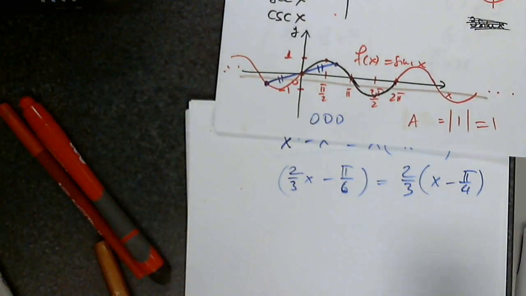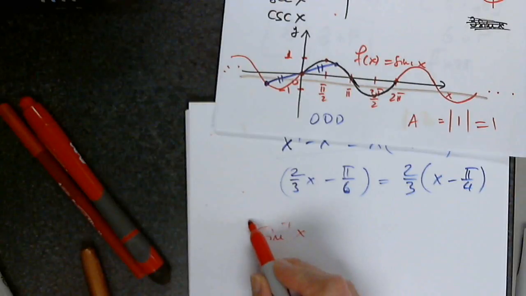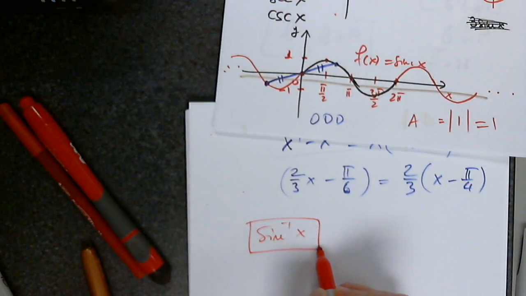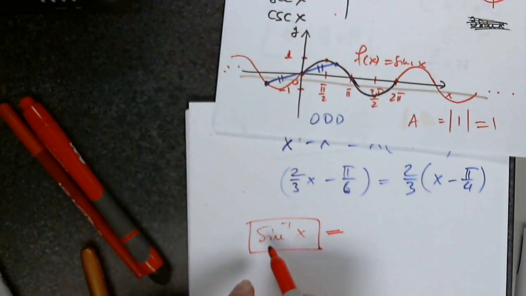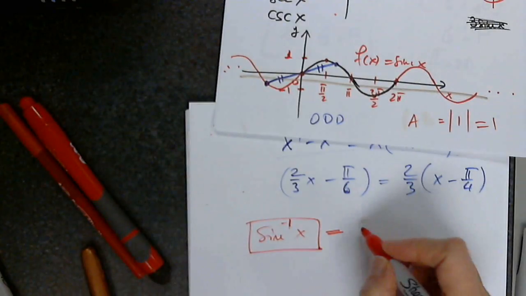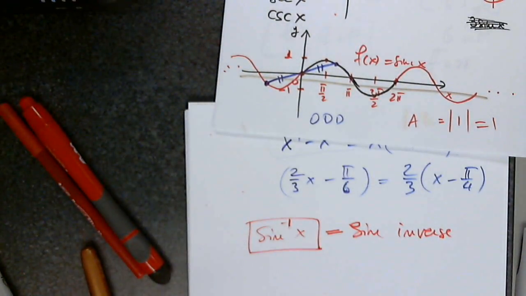Okay? But first, in order to even talk about this, by the way, we have two notations for sine inverse. We have sine with what looks like a power of -1. We know that this is sine inverse, the inverse function of sine.